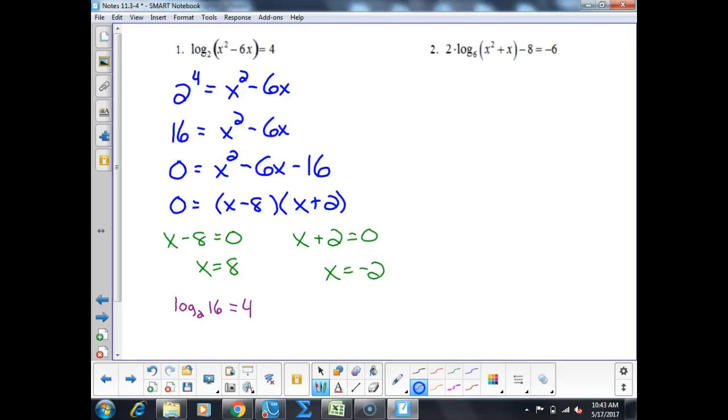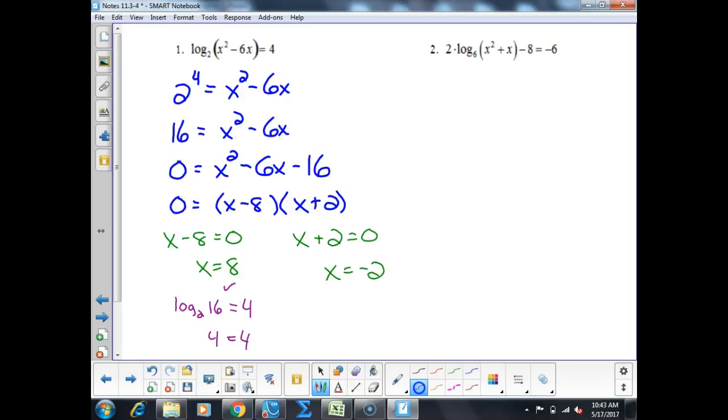What is log base 2 of 16? Is it 4? Okay. What exponent do I put on 2 to get me 16? 4. Okay. So this is 4 equals 4. Does that check out? Yes. Okay, that one works. So that one's good. Now what?